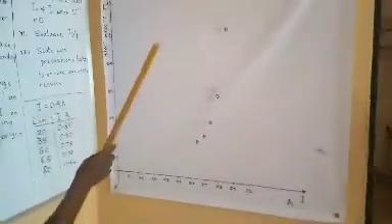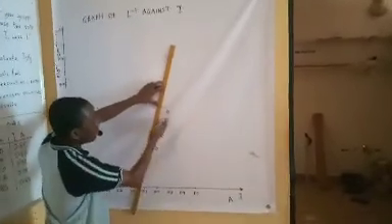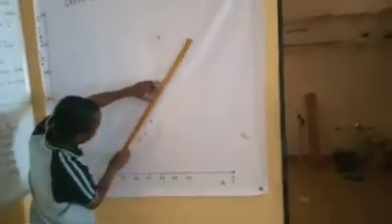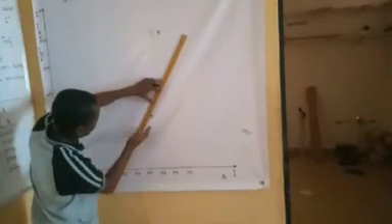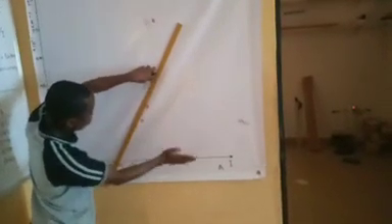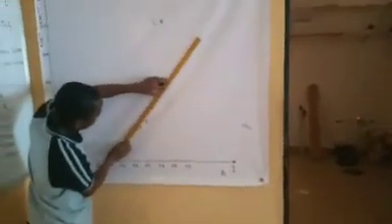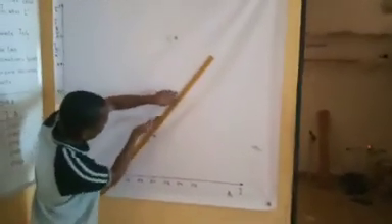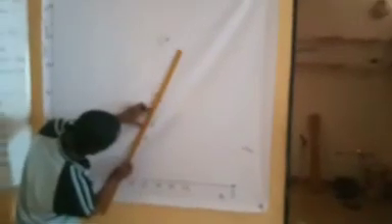Try to check which side the points fall. If some of the points fall here, some fall here, that is fine. If the majority of the points fall here, you draw the best fitted line, which is applicable. You can try to know, you see 2 here, 2 here.